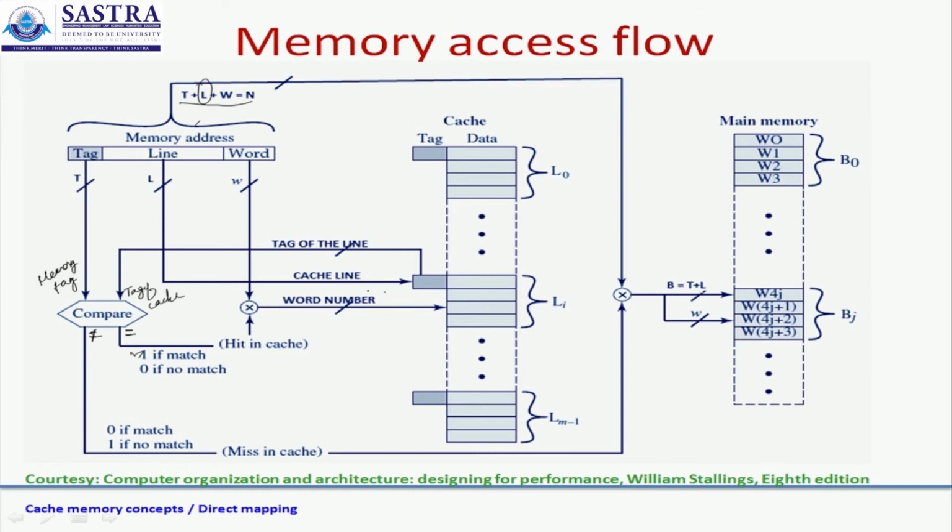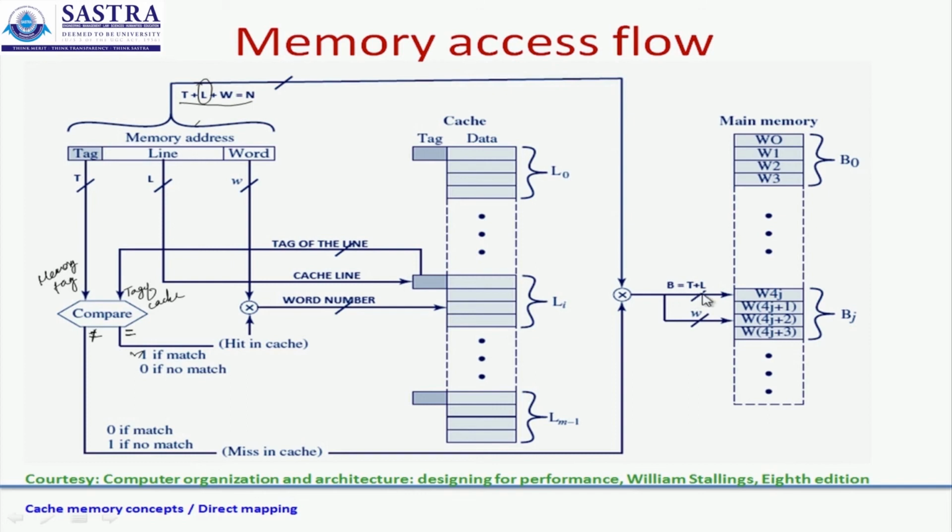If these two tags are equal, we have a 1, a hit. At that time, it will use the word field to identify the particular word. If there is a miss, then what will happen? It will go to the main memory block. See, block equal to T plus L, that we have discussed earlier, right?